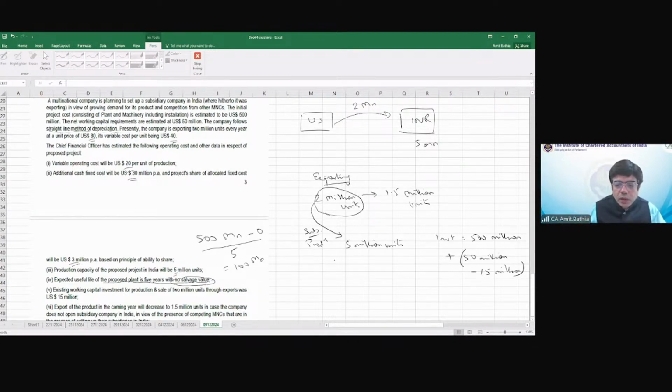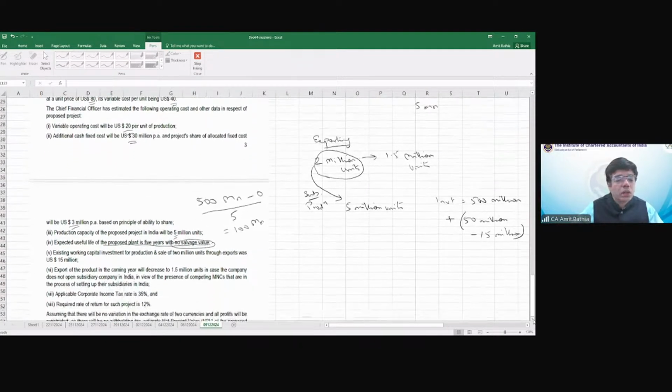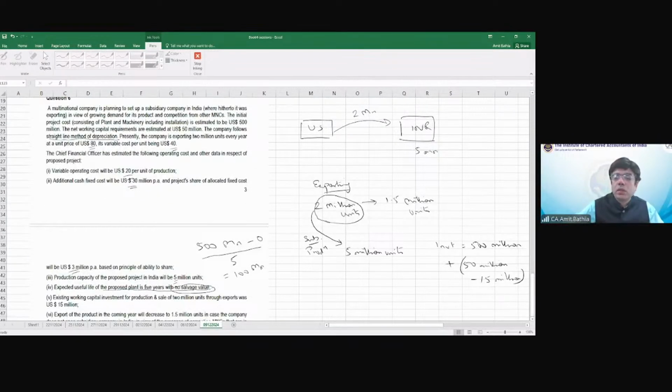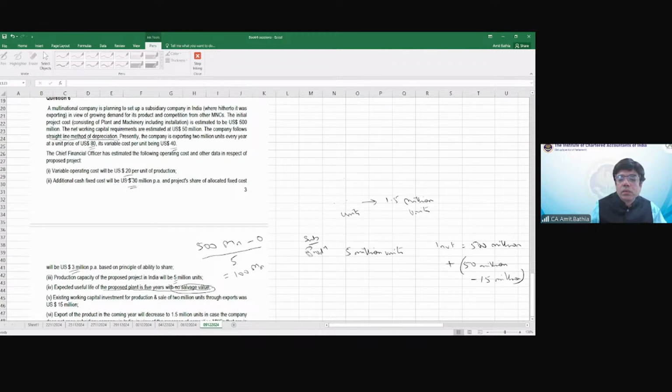Now let's start solving this sum. First and foremost, we are going to start with how much will be my cash outflow, or cash outlay as we normally call it.